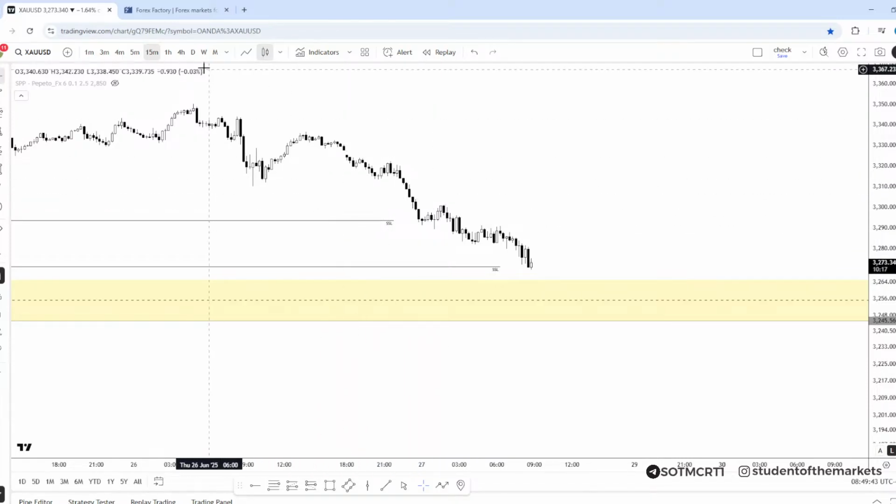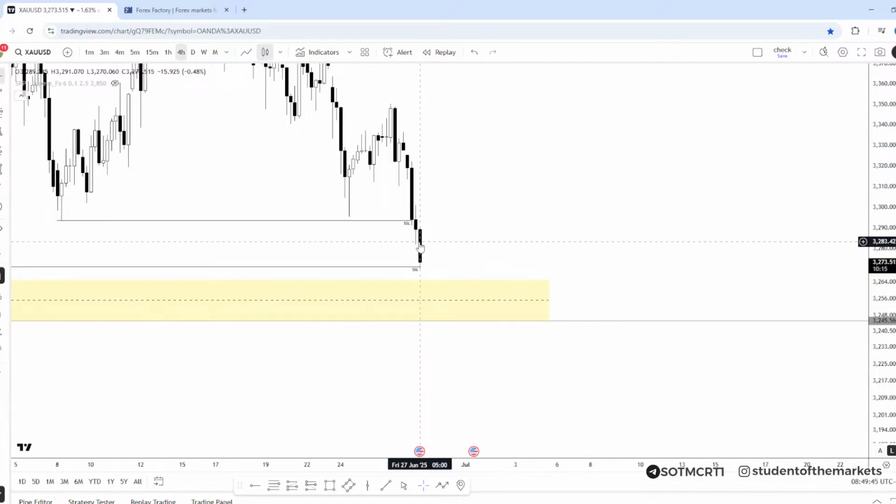Why is that candle a range? Which candle? This candle. The 5 a.m. candle.